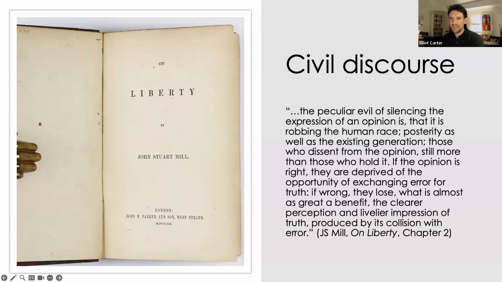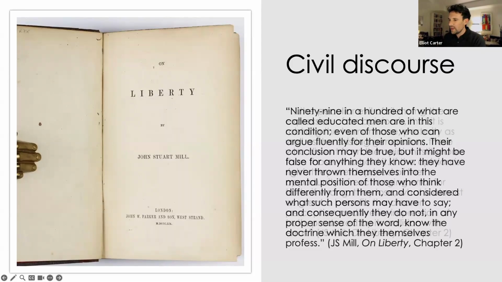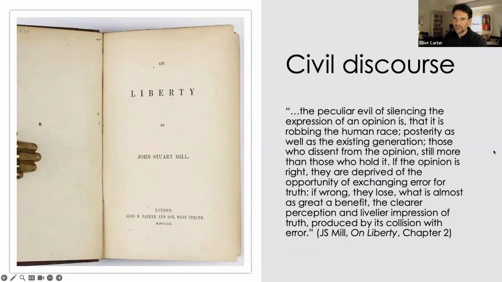Mill's defense of civil discourse on matters of controversy is incisive and persistently relevant. Mill says in his famous book on liberty, the peculiar evil of silencing the expression of an opinion is that it is robbing the human race, posterity, as well as the existing generation, those who dissent from the opinion still more than those who hold it.